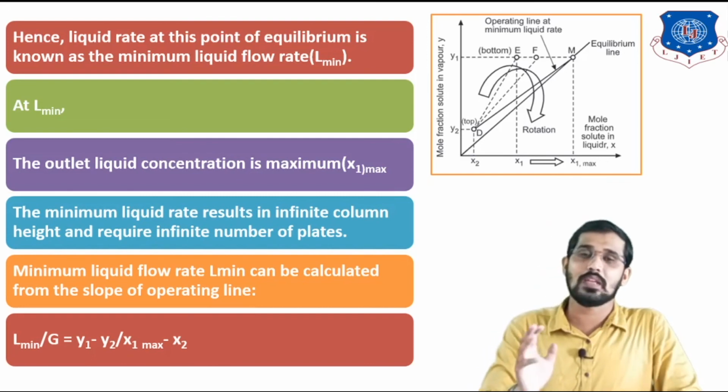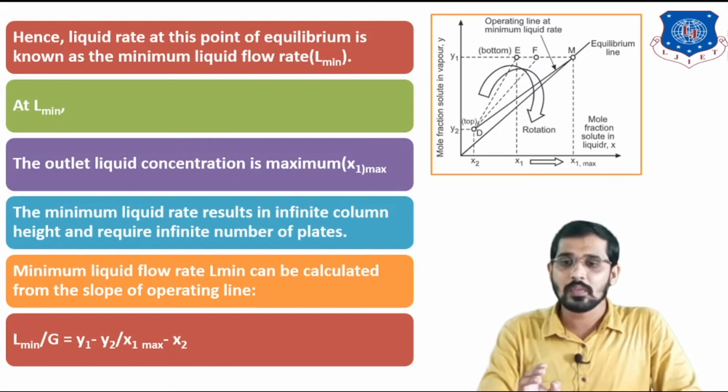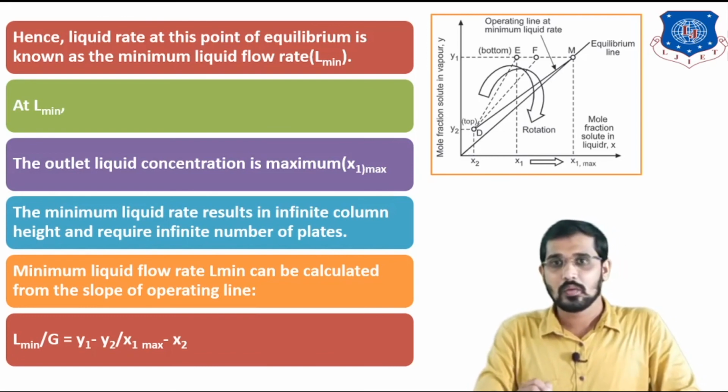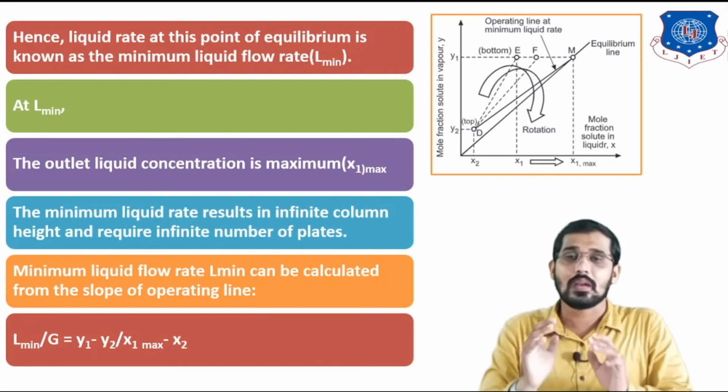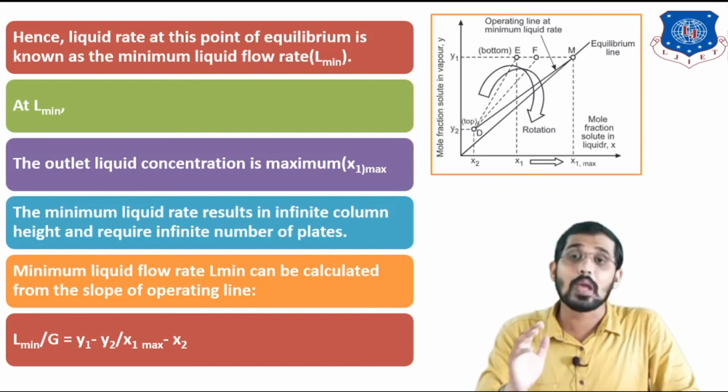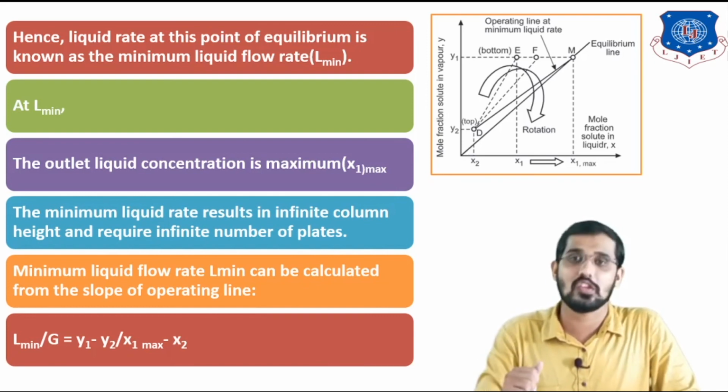So in this manner we can calculate L minimum by G, that is y1 minus y2 divided by x1 max minus x2. At this point you can see driving force is 0 and gas absorption is difficult in nature.